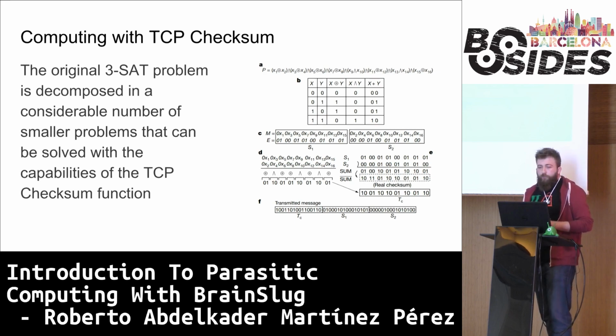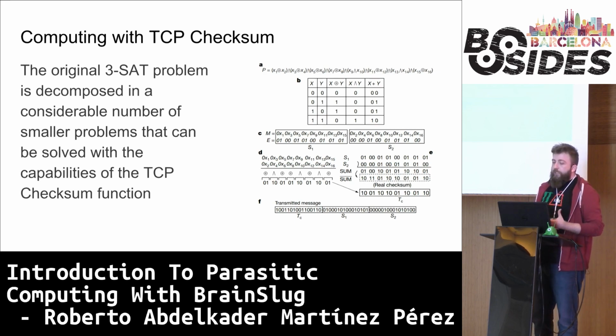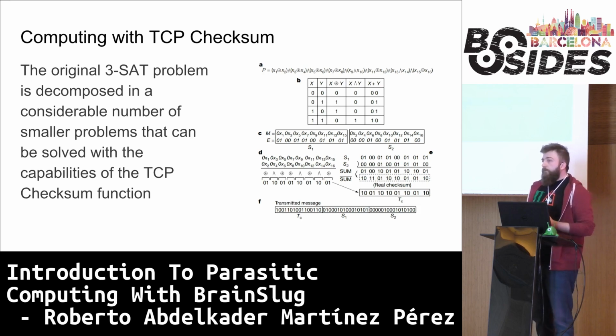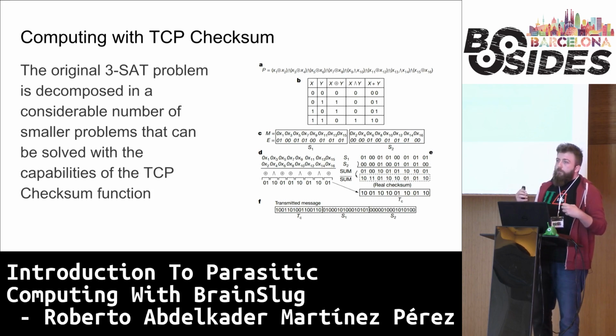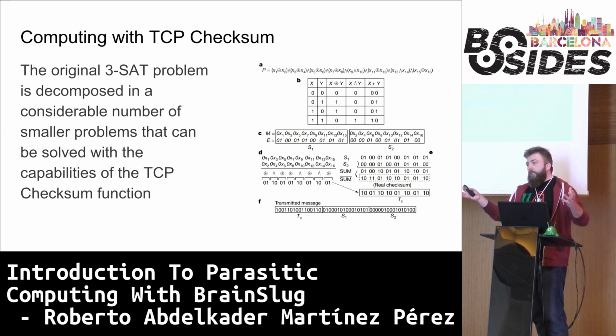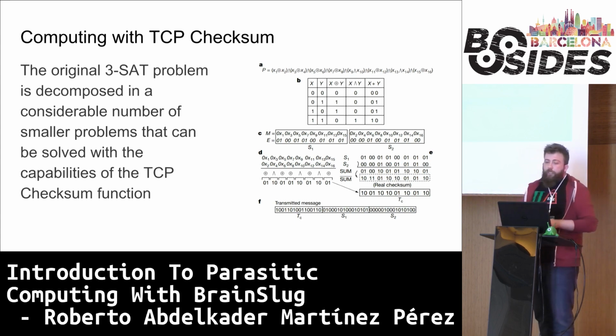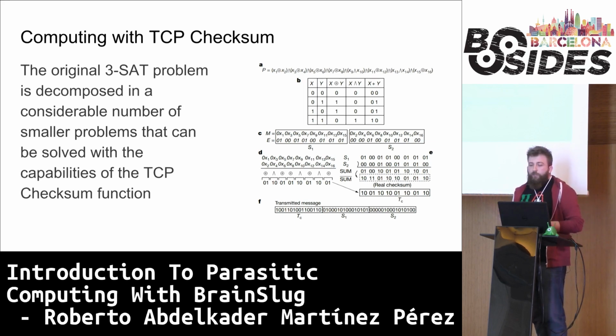They do that to solve this three-SAT problem. The way they managed to resolve it was by splitting this very large Boolean expression into very simple Boolean operations that match the capabilities of this TCP checksum function.